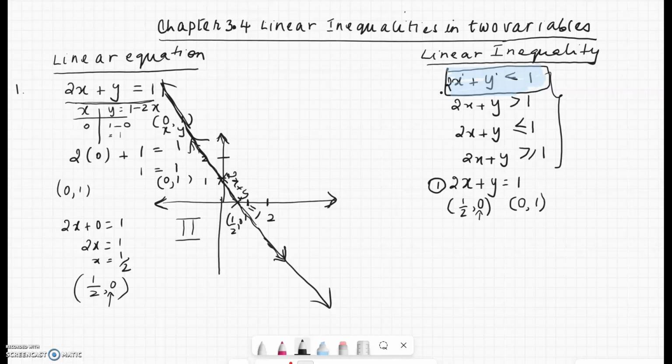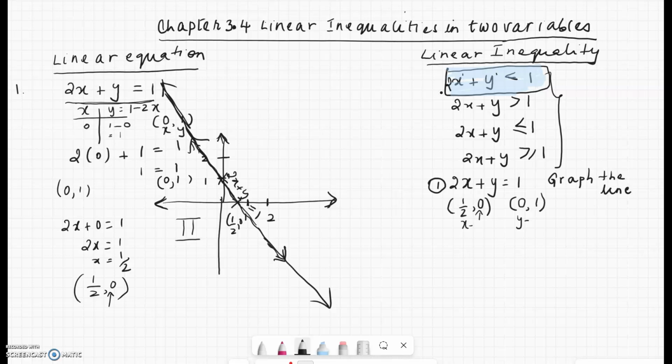So this is our x-intercept and this is our y-intercept, and we used these 2 points to graph the equation of the line that you see on the left side here on the graph. So that's always your first step. Graph the line, because the line forms the boundary of your solution.